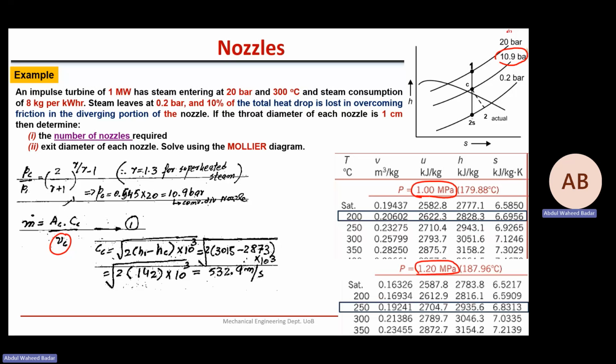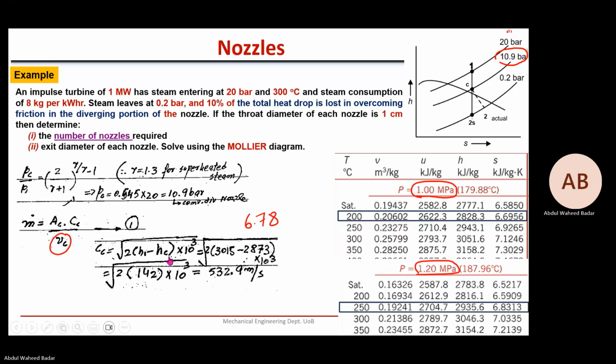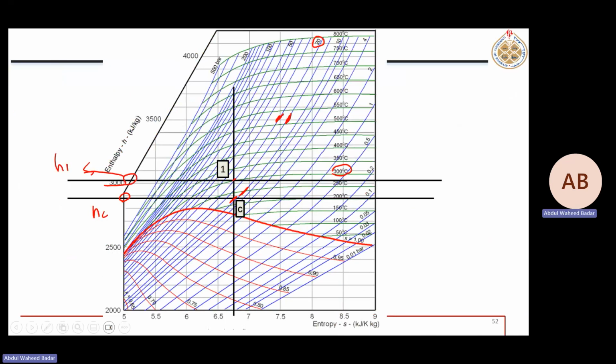So we do not have 10.9 bars. And entropy we can also see from the same HS chart, about 6.75, whatever. So here, 6.78.